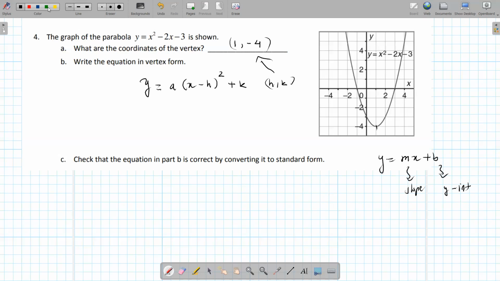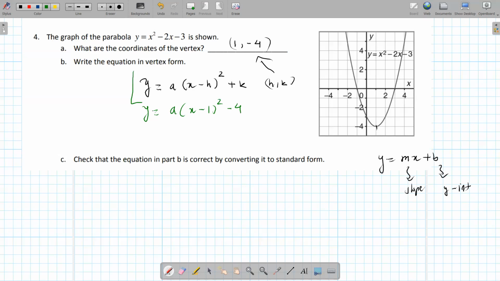Now, if we were to plug h comma k in this equation, we don't know what the a value is yet, so that's okay. Let's plug the h value in. We know h is 1, so we get x minus 1 squared. And we know the k value is minus 4, like that.